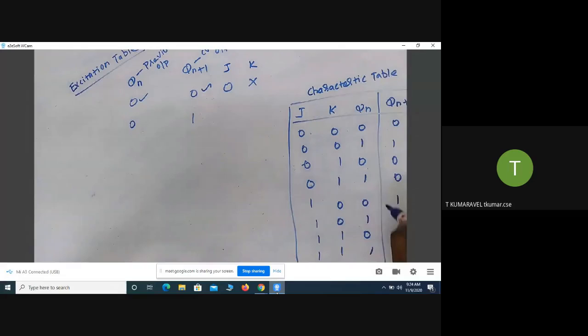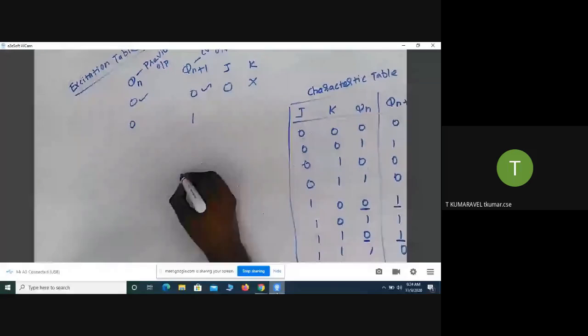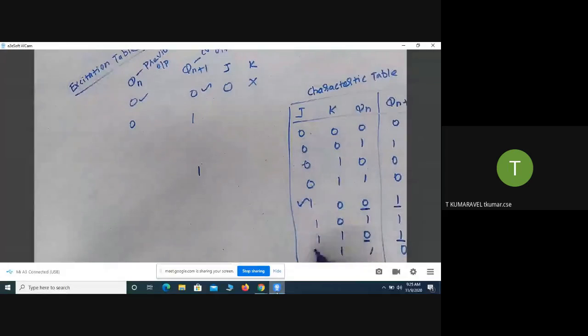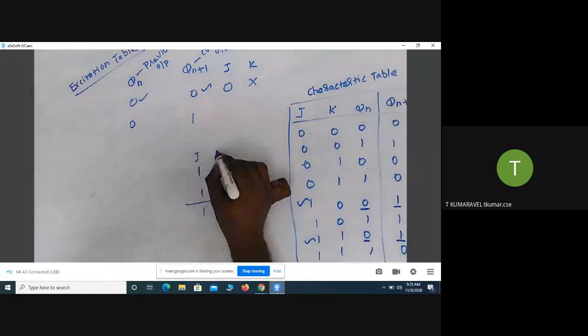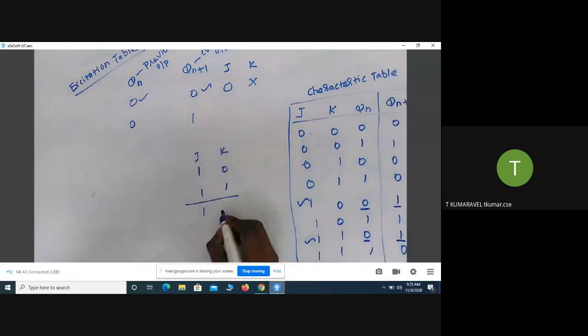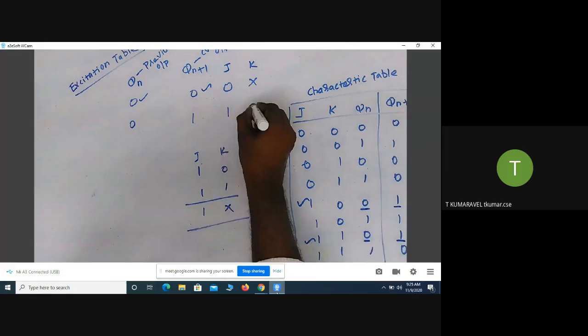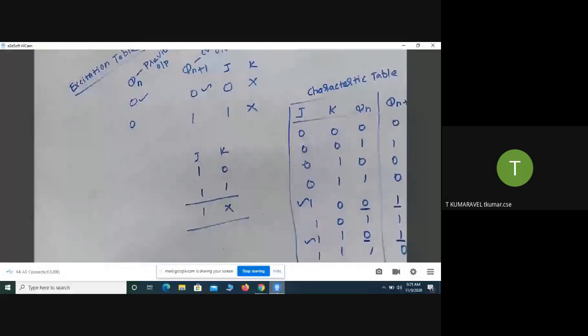What is the input combination? 1 0. Another one is 1 1. How do you do that? J is similar in both, but K is varying. If K is varying, it can be represented as a don't care condition. Similarly for the rest of the cases.